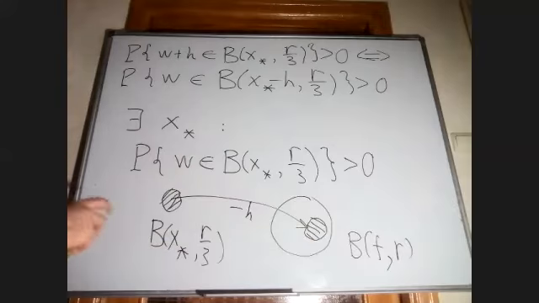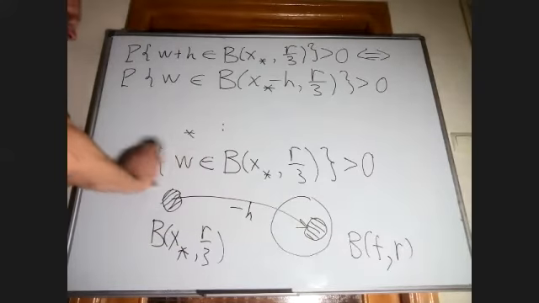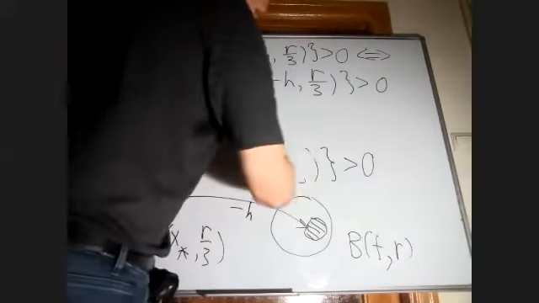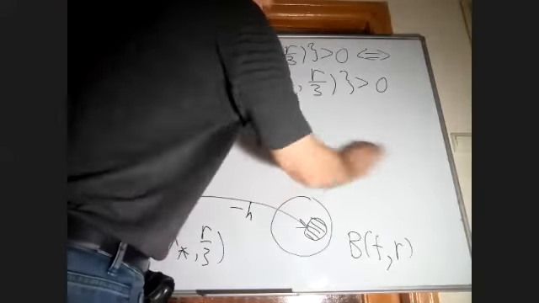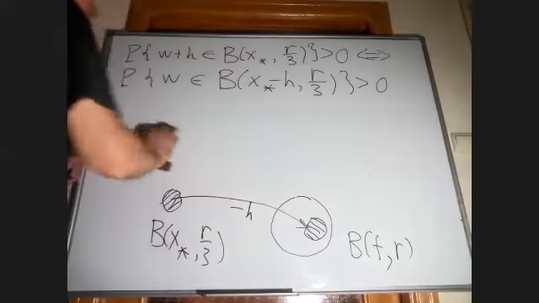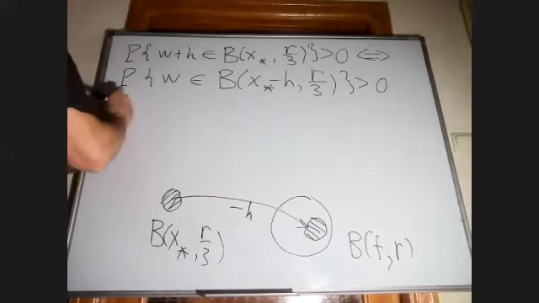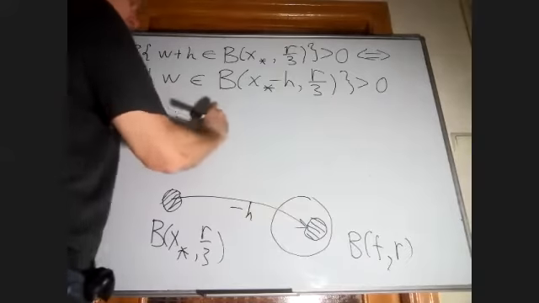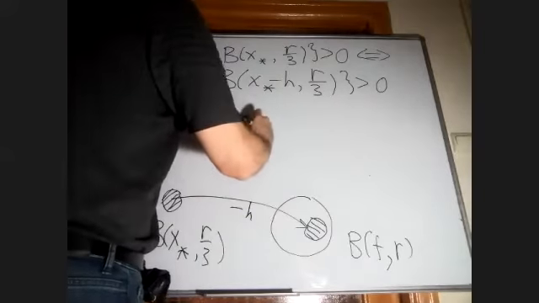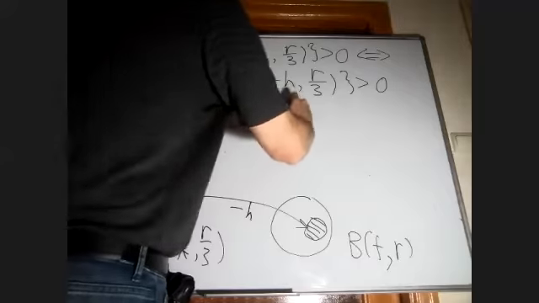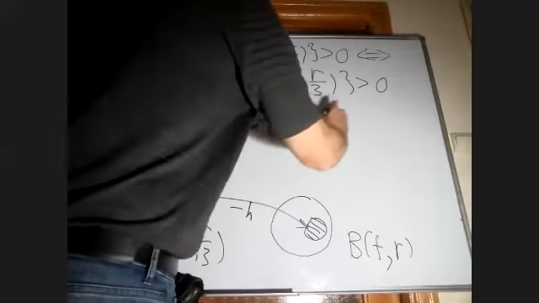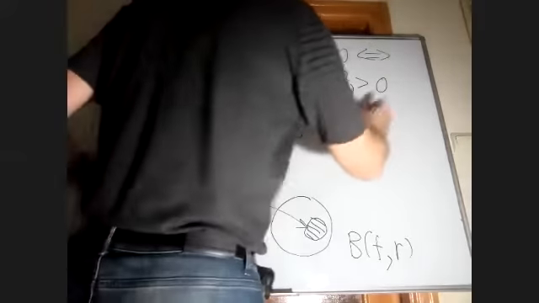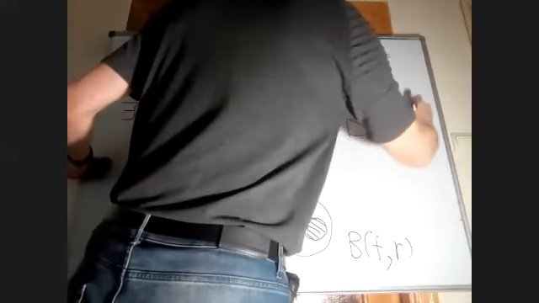So let us mention that there exists such H that B X star minus H, R over 3 is a subset of B F R.